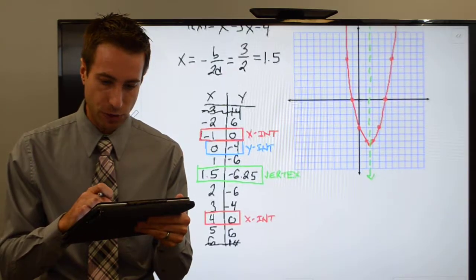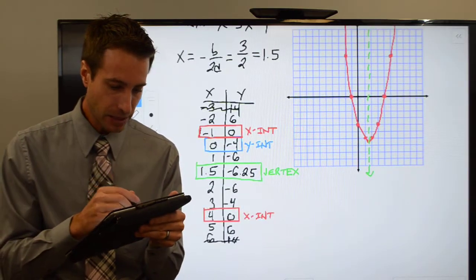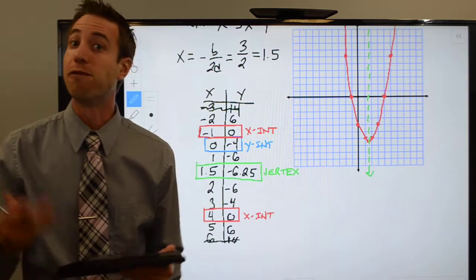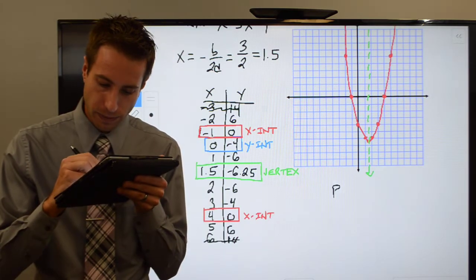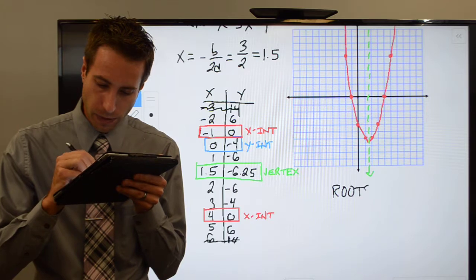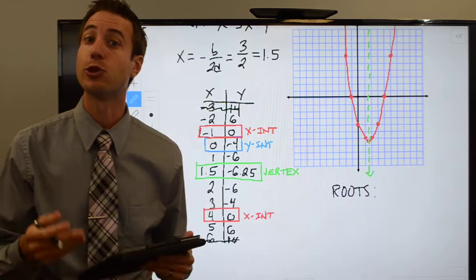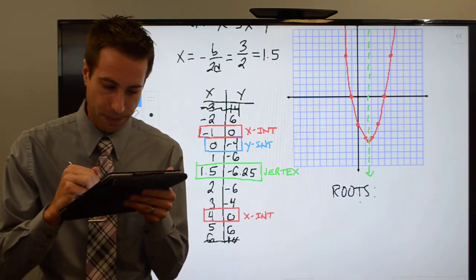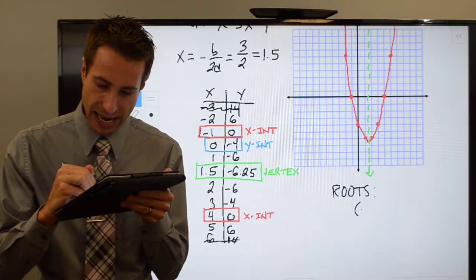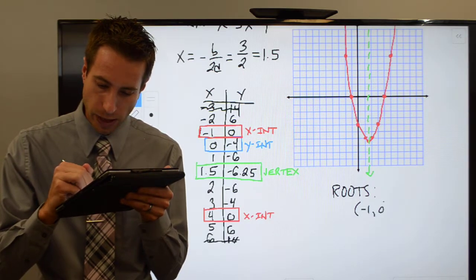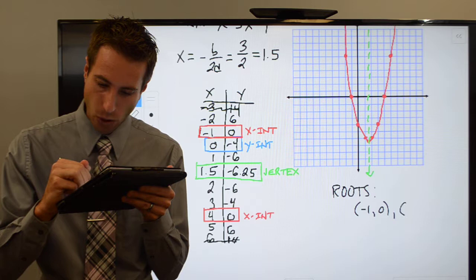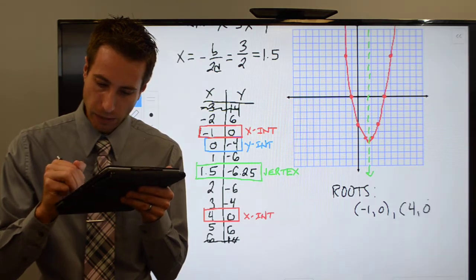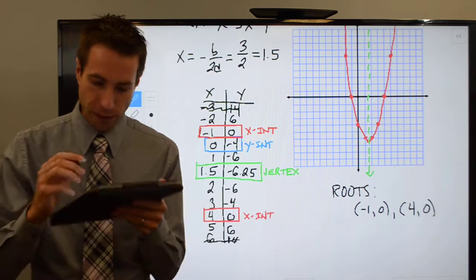Let me slide up just a little bit. I am going to ask you for the roots. Well, in this case, you've got two of them. Roots represent the x-intercepts, which is going to be at -1, 0, and at 4, 0. I will ask you for the vertex.